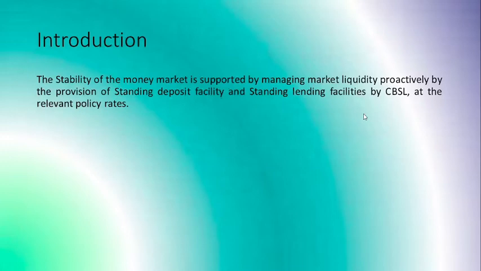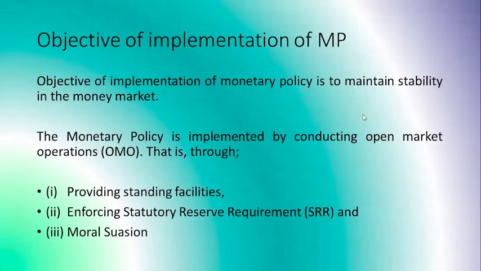The stability of the money market is supported by managing market liquidity proactively by the provision of standing deposit facility and standing lending facilities by the central bank at the relevant policy rates. The objective of implementation of monetary policy is to maintain stability in the money market.